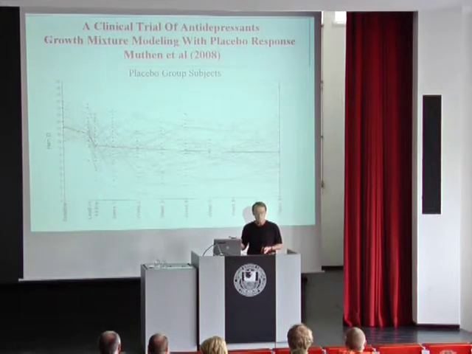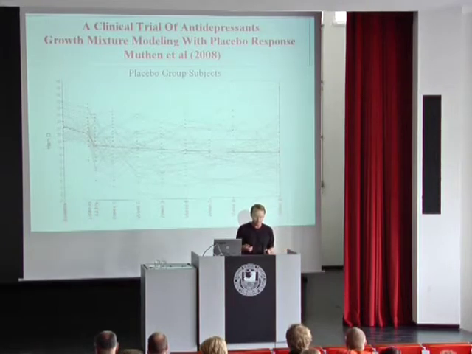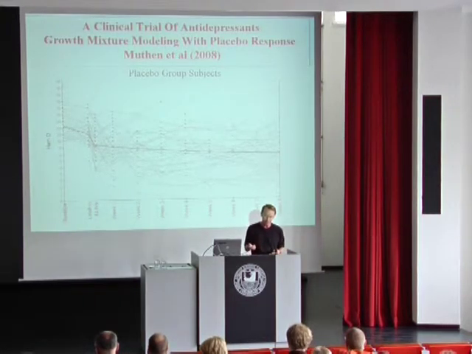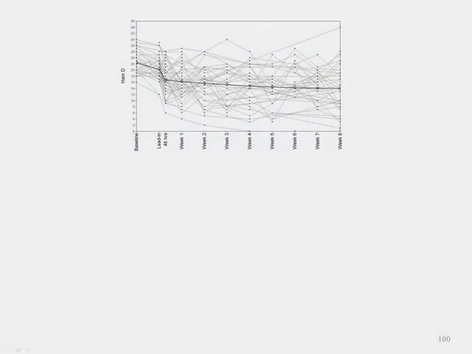We certainly do allow for heterogeneity in development, but is there any way to sort individuals into more similar classes? If you repeat this picture on a smaller scale, we can ask ourselves, in the placebo group, could we distinguish between those who are responders, placebo responders, and those who are non-responders, those who do not decrease their depression?